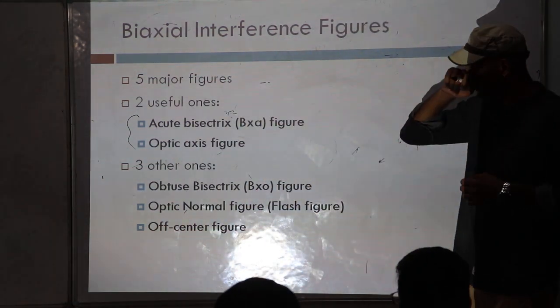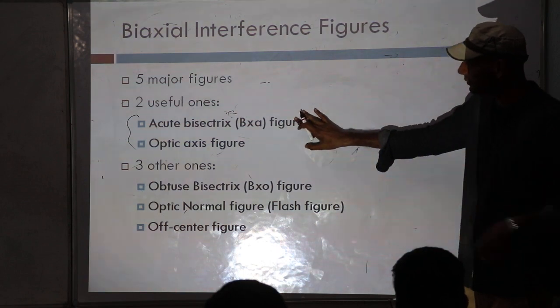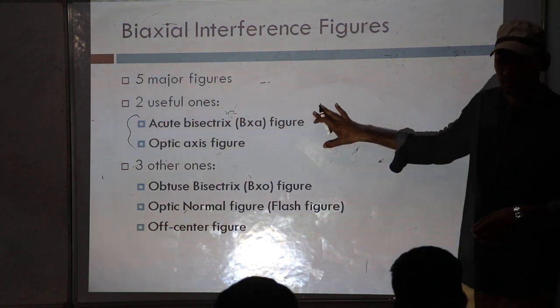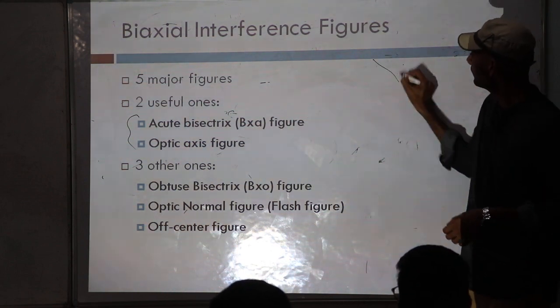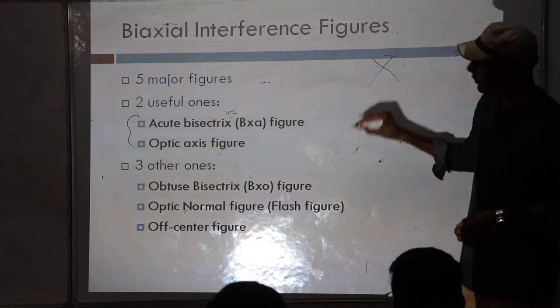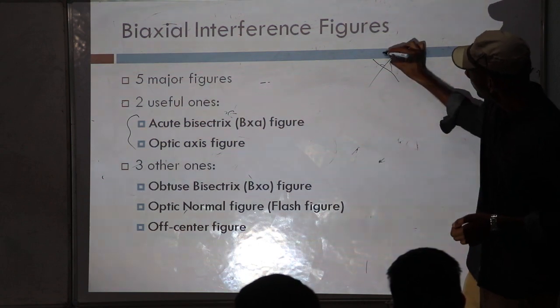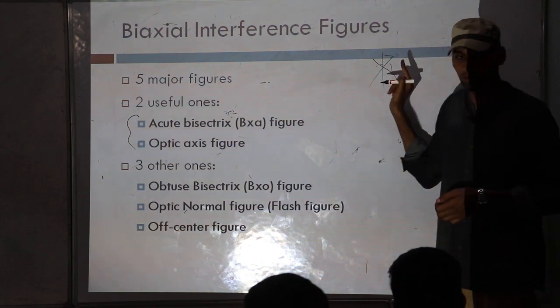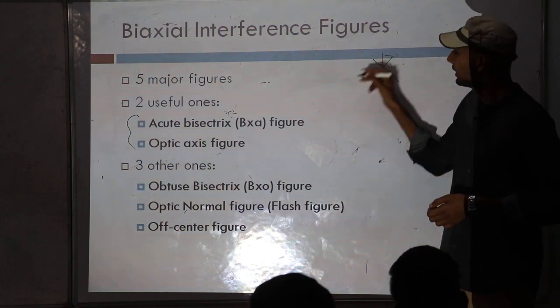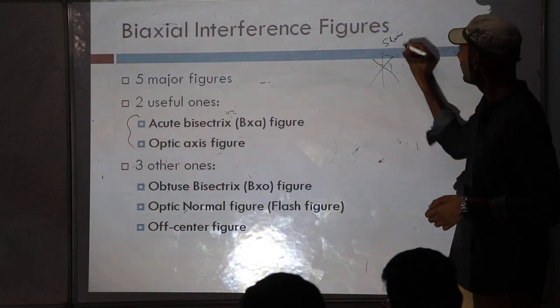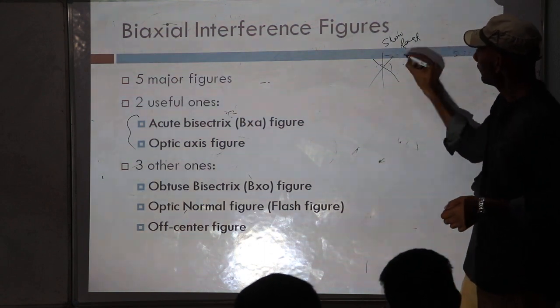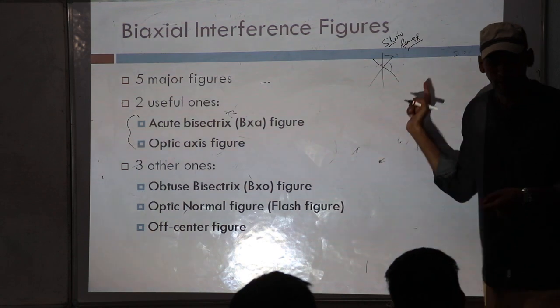These are mainly used. So acute bisectrix figure means, as we have discussed, there is 2V angle, there is formation of 2V angle, one of them will be acute, one of them will be obtuse. The vibration which is bisecting the 2V angle, whether that will be slow or fast, we don't know.